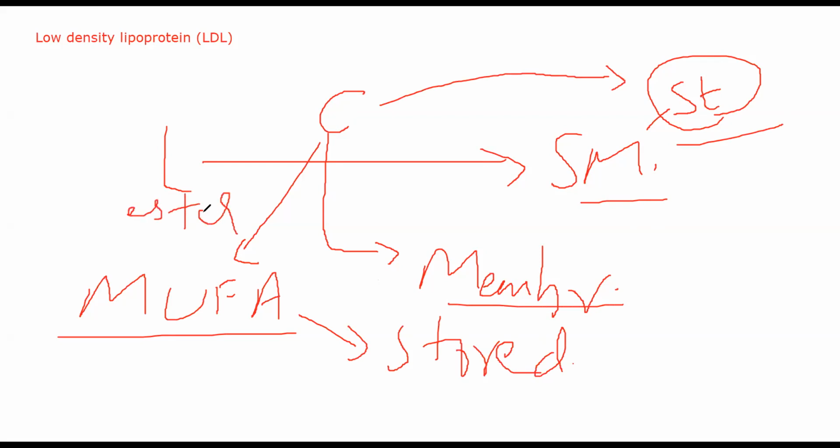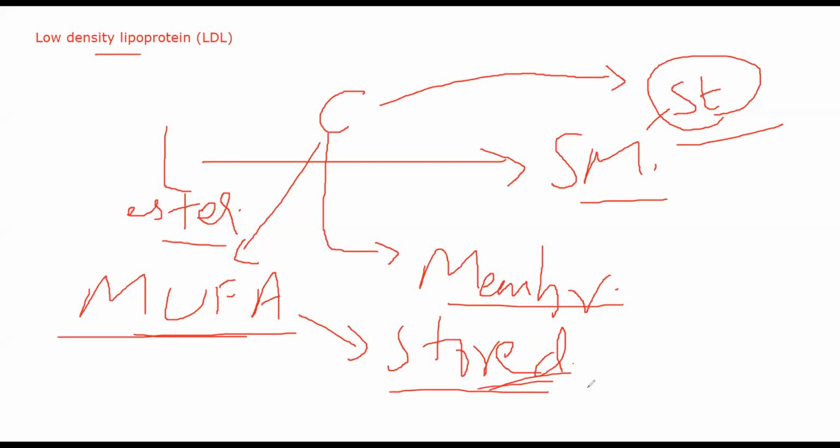I'll just write ester here. It will get esterified into monounsaturated fatty acids containing a single double bond, that is why monounsaturation. And these monounsaturated fatty acids will be stored inside that tissue for future use. Whenever your tissue needs energy, and let's suppose you have lower amounts of LDL, this stored amount will be used.